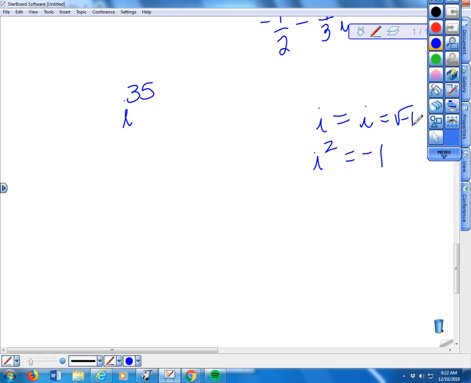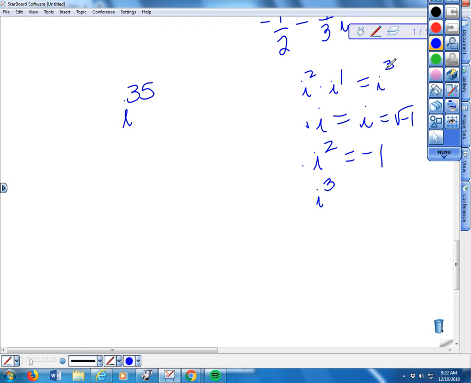And when I square a radical, it's just the radicand. i cubed then is i squared times i. Does everybody understand why i cubed is i squared times i? If I have i squared times i, that's really i to the first. You add exponents when you multiply. This is i cubed.